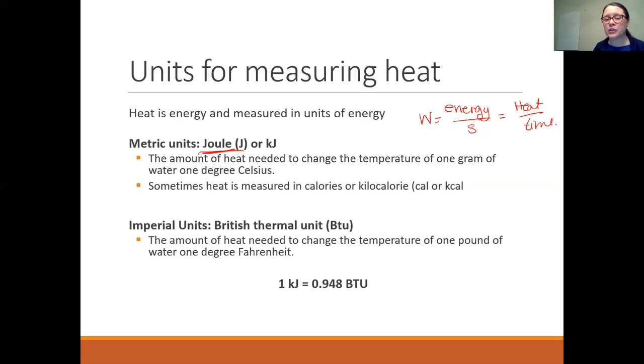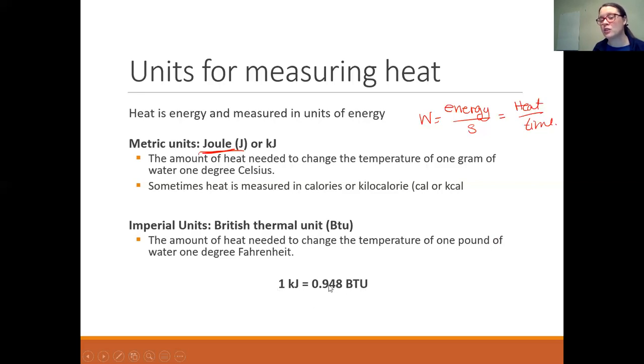Now, for imperial units, there's the British thermal unit, and that's equal to the amount of heat needed to change the temperature of 1 pound of water 1 degree Fahrenheit. So we have the other temperature scale, and then our weight, instead of being grams, we're looking at pounds. Now, something interesting to think about, a kilojoule of energy is very close to a BTU of energy.